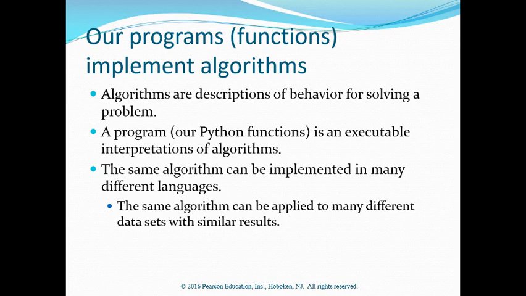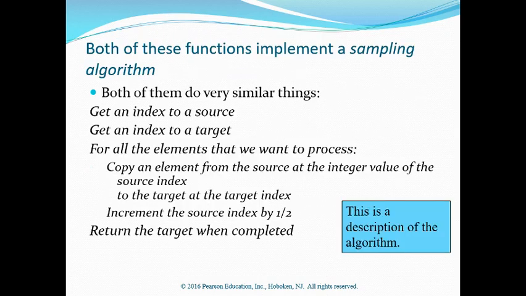Algorithms are descriptions of behavior for solving a problem. A program, or Python function, is an executable interpretation of an algorithm. The same algorithm can be implemented in many different languages. The same algorithm can be applied to many different data sets with similar results.